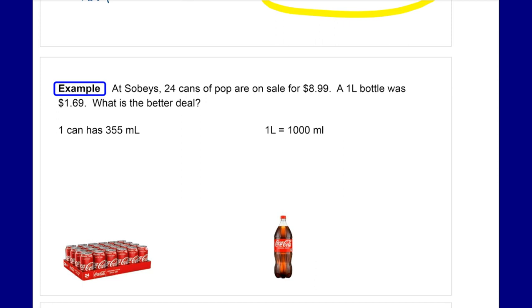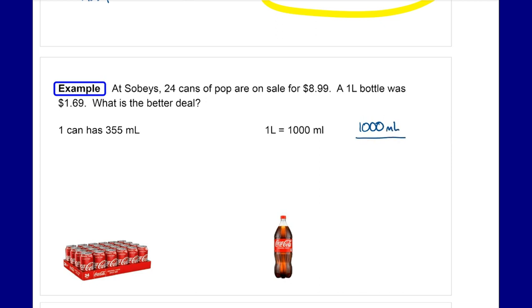Now, there are different ways you can figure this out, but I would try to look at the unit rate for both situations. And the common value that we can get each to is probably going to be milliliters and dollars. So I want to look at each. I'm going to start with the bottle of pop because that is easily 1,000 milliliters. I already know that it's a 1 liter bottle.